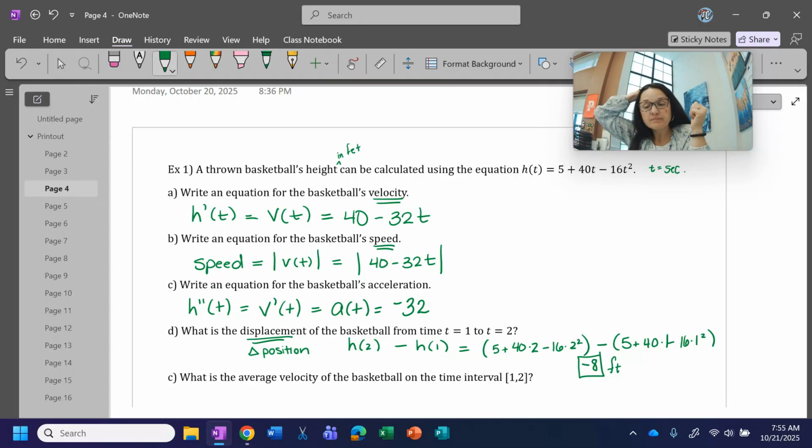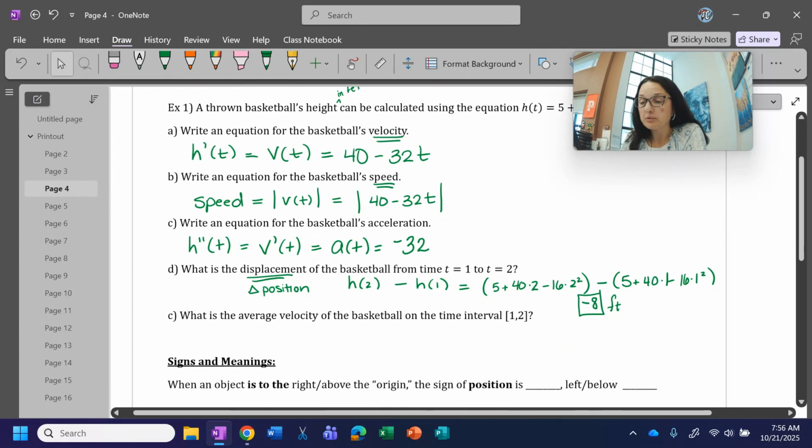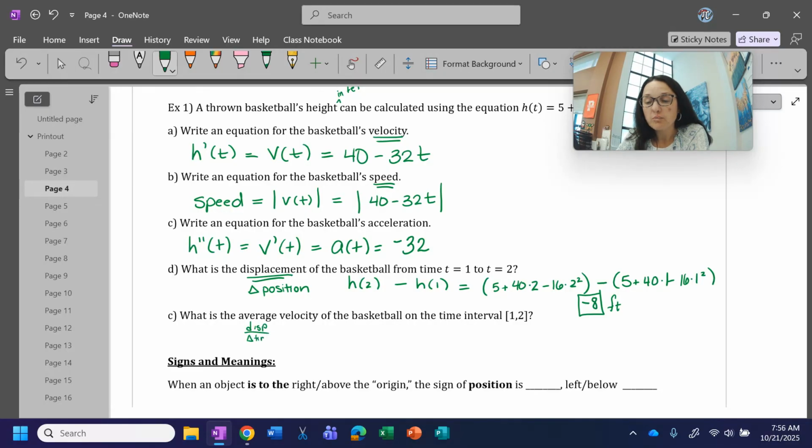That's it. All right, what is the average velocity of the basketball on the time interval from 1 to 2? Well, average velocity is displacement over my change in time. So that's going to be negative 8 over my change in time from 1 to 2, which is 2 minus 1, which is 1.